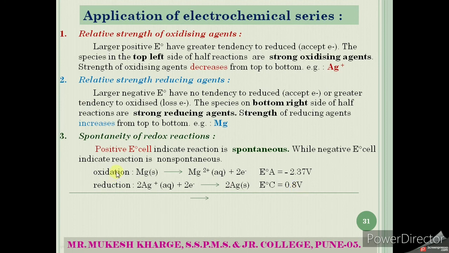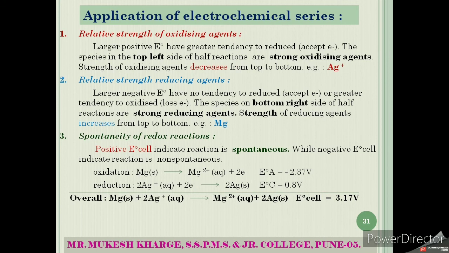Then how will you calculate? First we will see the overall cell reaction. So the overall cell reaction is Mg plus 2Ag+ aqueous gives Mg2+ aqueous plus 2Ag. And what is the E0 cell? E cathode minus E anode. 0.8 minus minus 2.37. So the answer is plus 3.17.